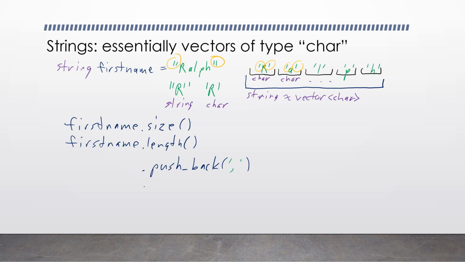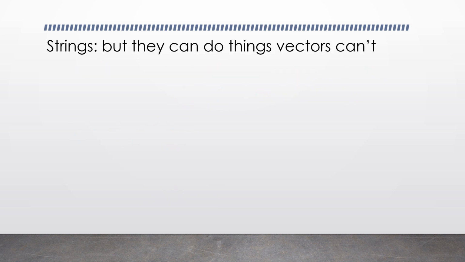You can have .insert to insert a character at any point in the string, and you can have .erase to erase a character at any point in your string. Okay. So those work essentially like the operators in a vector of characters.